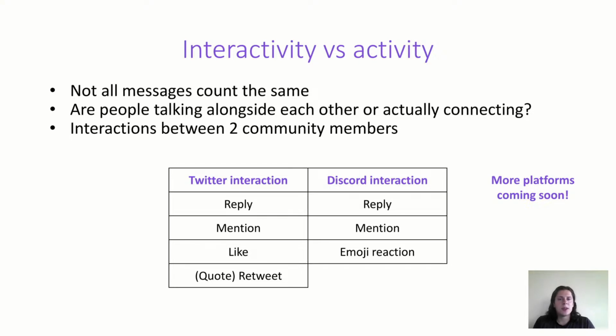When I talk about interaction, you can think for Twitter about replies, mentions, likes, retweets, quote retweets. Really an interaction that connects two different Twitter accounts. For Discord, similarly, you can also think about replies and mentions or emoji reactions. But for the scope of this talk, we'll be focusing on the Twitter interactions.